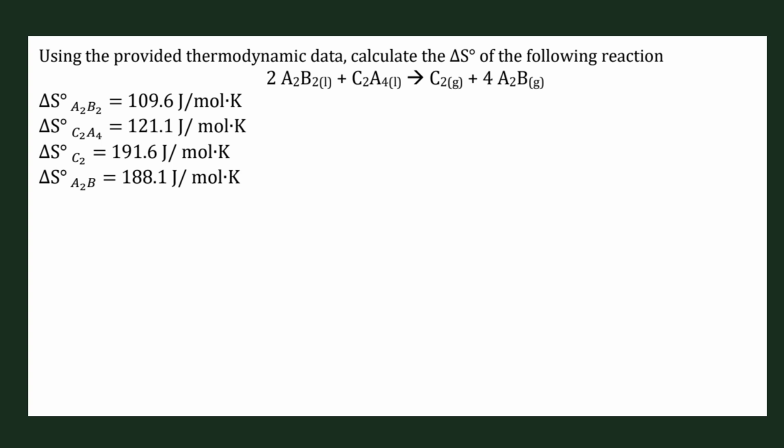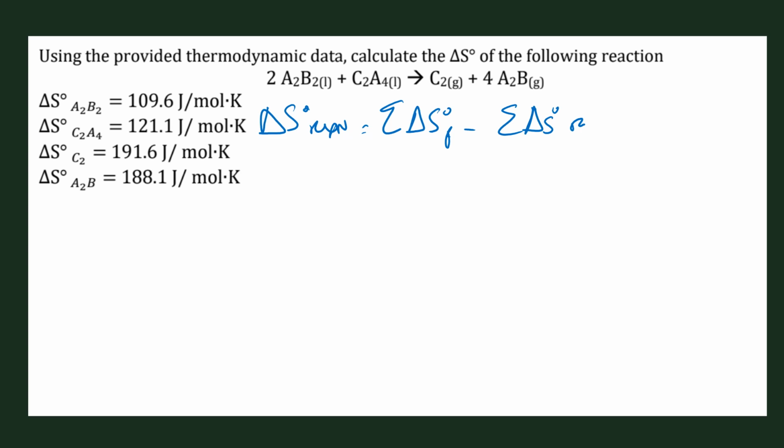So they give you the units, they give you your standard entropies, and then from there you can determine the delta S of the reaction. So remember, delta S of the reaction equals the sum of delta S of the products minus the sum of the delta S of the reactants. Sorry, I should have said reaction earlier.